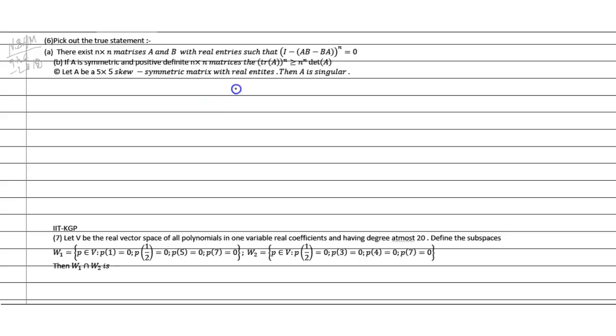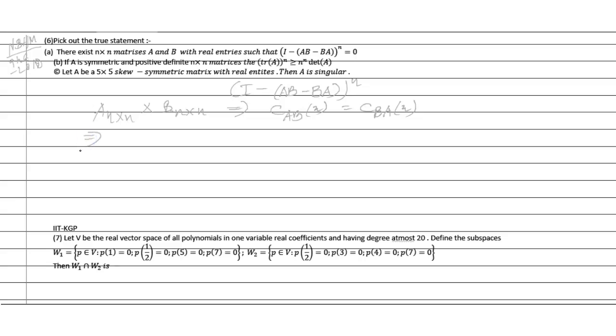So whatever I get, I minus (AB minus BA). AB minus BA. So friends, A is n cross n, B is n cross n. So the characteristic polynomial of AB of x equals to the characteristic polynomial of BA of x.